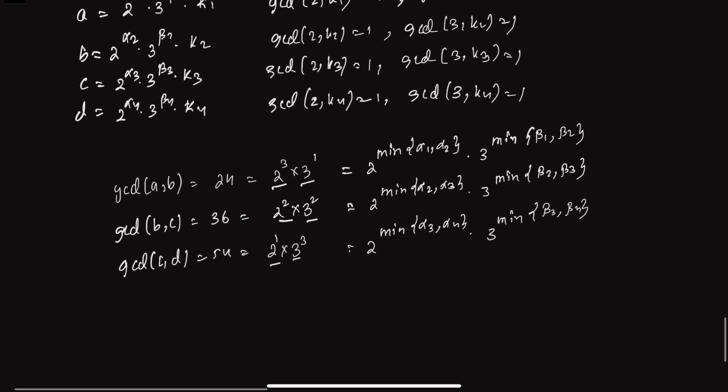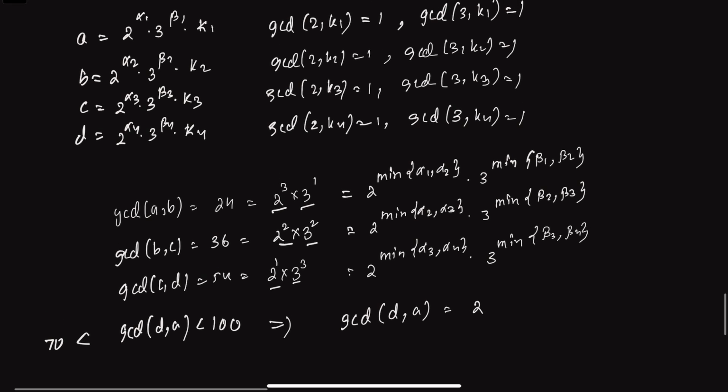And for GCD of D comma A, we only know that the range is in between 70 and 100. So we can assume it as 2 to the power minimum of alpha 1 comma alpha 4 into 3 to the power minimum of beta 1 comma beta 4. So that's what we can say about 2s and 3s.